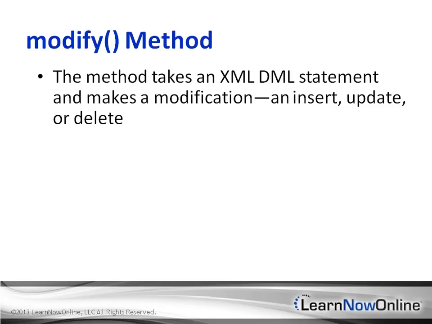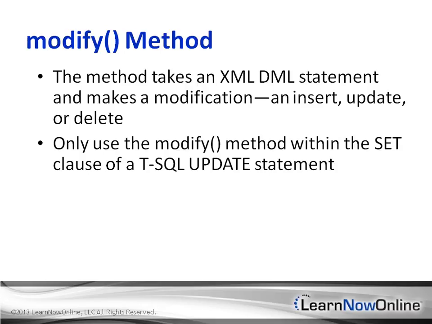The modify method takes an XML data modification language statement, and it'll make a modification such as an insert, update, or delete. You'd only use the modify method within the set clause of a T-SQL update statement. Here's its syntax.